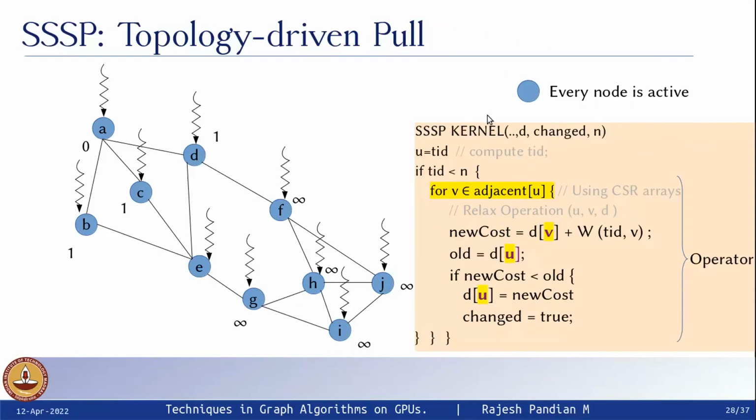Every node is assumed to be active, and thereby irrespective of whether a particular node is being updated or not, that particular thread will run over the neighbors and see if it can update itself using the neighbors.